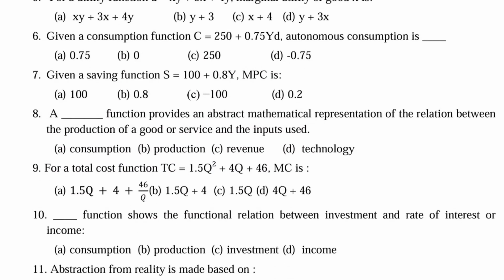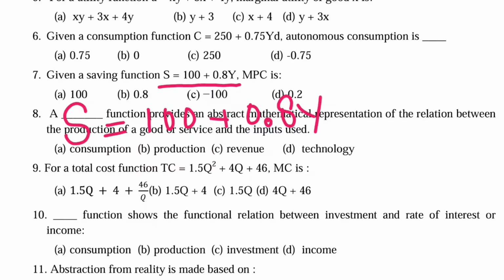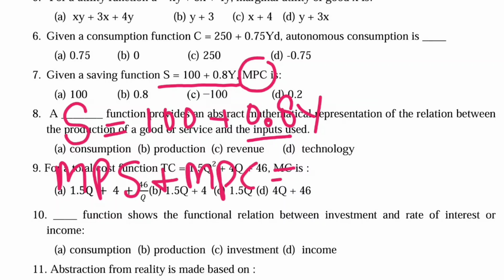Next question is, given the saving function s is equal to 100 plus 0.8y, find the marginal propensity to consume. So we have the savings function is 100 plus 0.8y. Here 0.8 is marginal propensity to save, but we need to find out marginal propensity to consume. But we know the fact that the sum of marginal propensity to save and marginal propensity to consume is equal to 1.